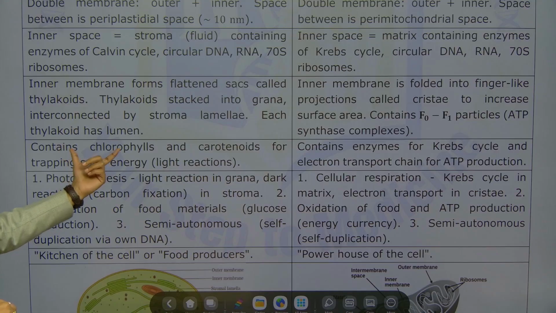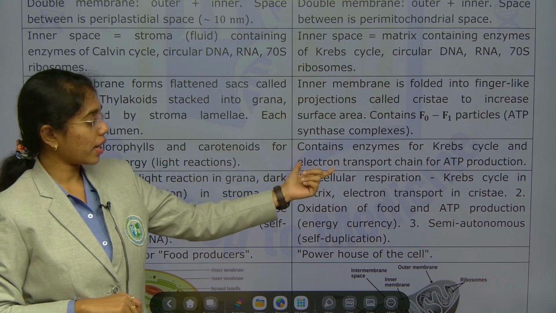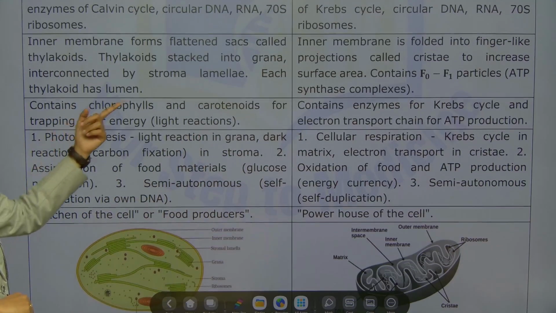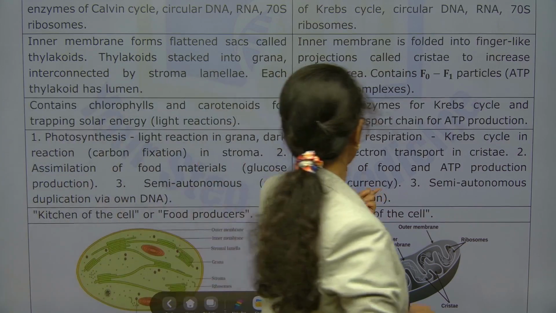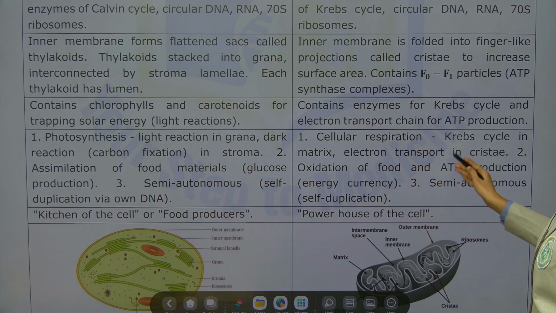Chloroplast contains chlorophylls and carotenoids. Mitochondria contain enzymes which are required for ETS, the electron transport system. Chloroplast carries out photosynthesis, both light and dark reactions, and is addressed as the kitchen of the cell. Mitochondria are responsible for cellular respiration: Krebs cycle in the matrix, electron transport in the inner mitochondrial membrane, oxidation of food and ATP production.